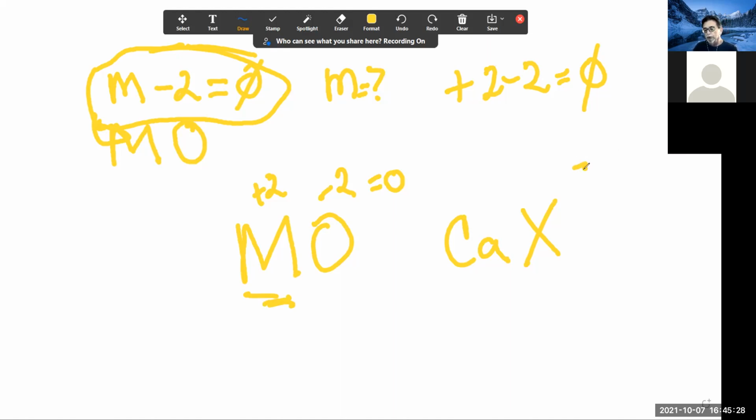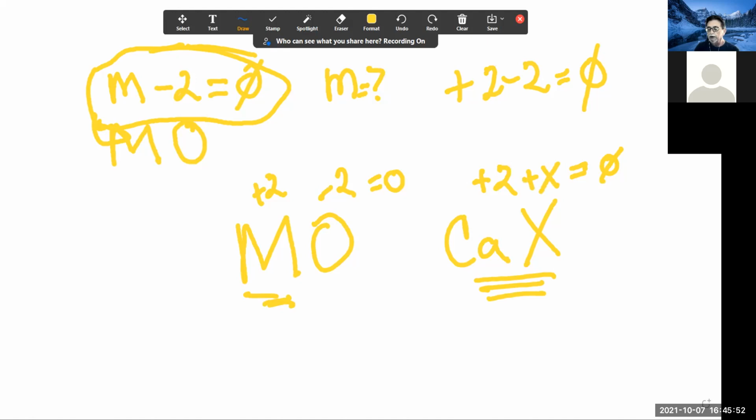We know that the overall charge for this molecule here, whatever it is, has to equal 0, it's neutral, okay? We know that calcium, we find it on the periodic table, is group 2, always has an oxidation number of a +2, right? And then we have plus X.